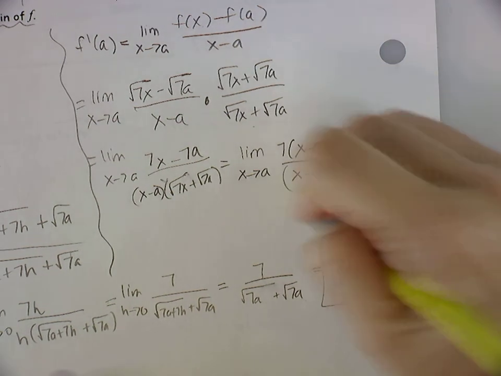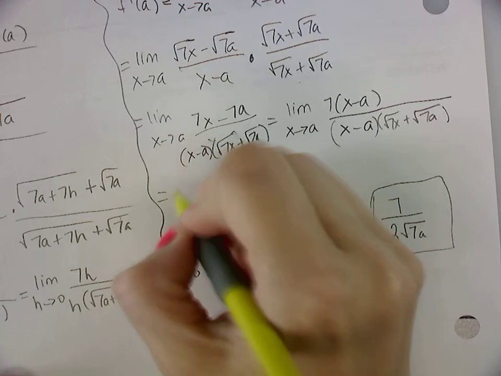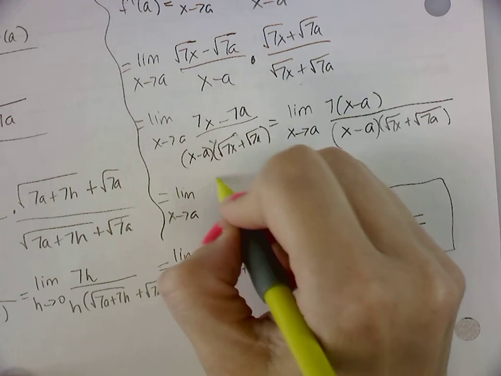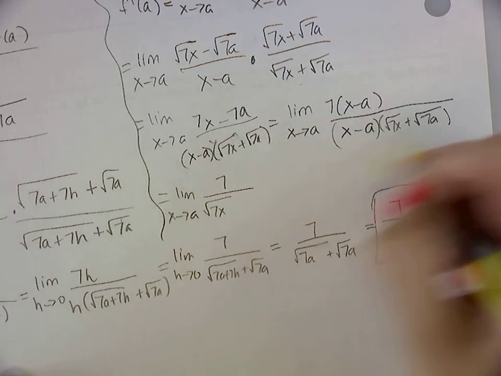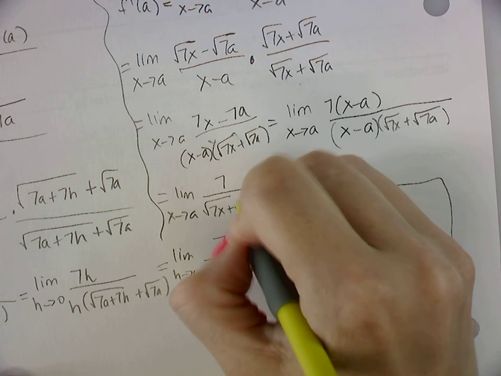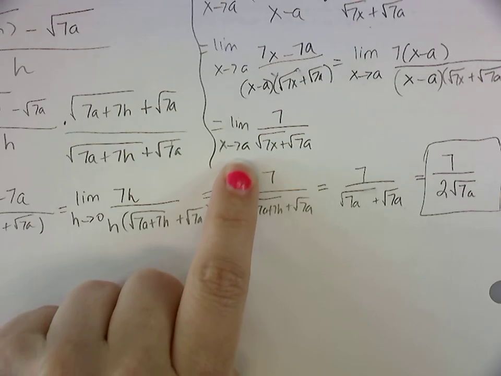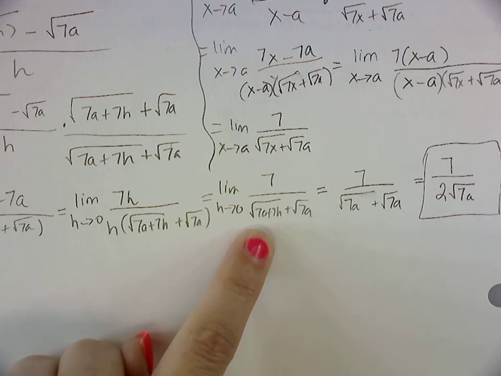Right, so now these are going to cancel out, and your limit as x goes to a is 7 over the square root of 7x plus the square root of 7a. Now before, when we did this, we had h goes to 0, and we said, okay, we can plug in 0 for h, and then all we were left with are a's.